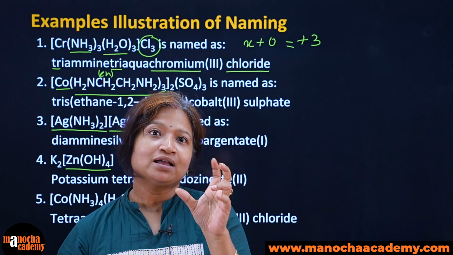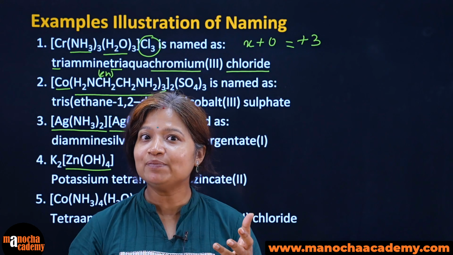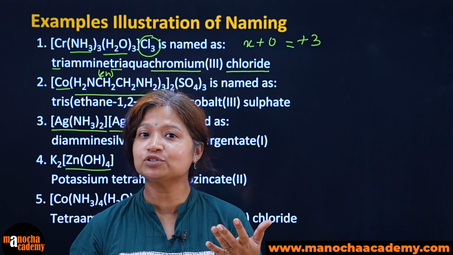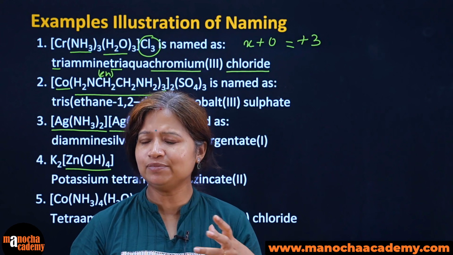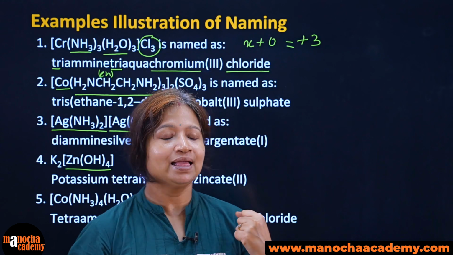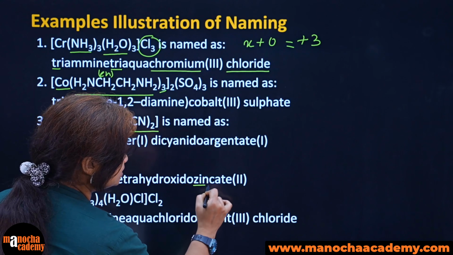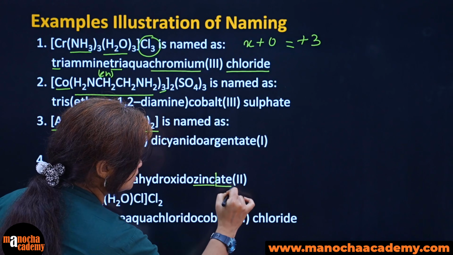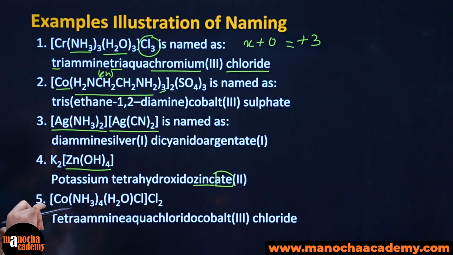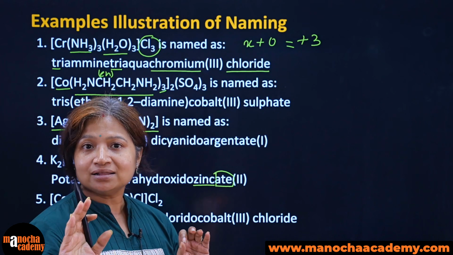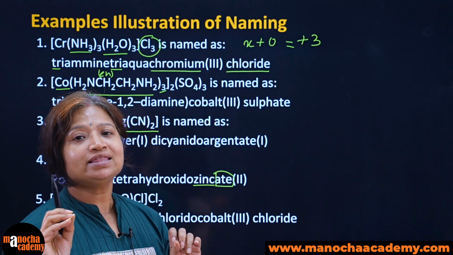Sometimes Latin names are also used, like iron becomes ferrate, silver becomes argentate, gold becomes aurate. Not all, just some popular ones. So you see here how zinc is written, it is zincate, ending with -ate. It's a small change. If the coordination sphere is anionic, all the rules are the same, the only thing is the metal name ends with -ate.